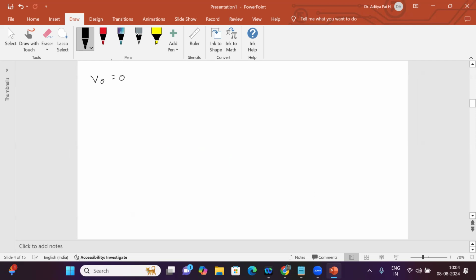Now what is this? v0 is the weight we initialize, and we are going to average with a weight of 0.9 times whatever is the previous value, plus 0.1 times that day's temperature.